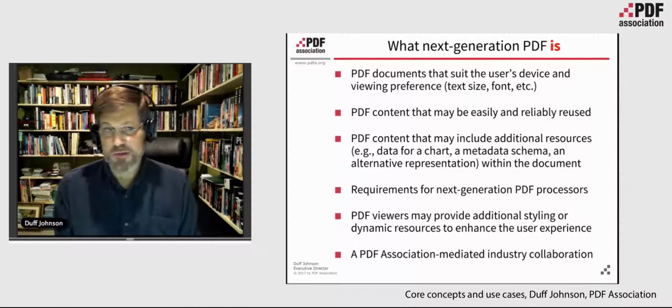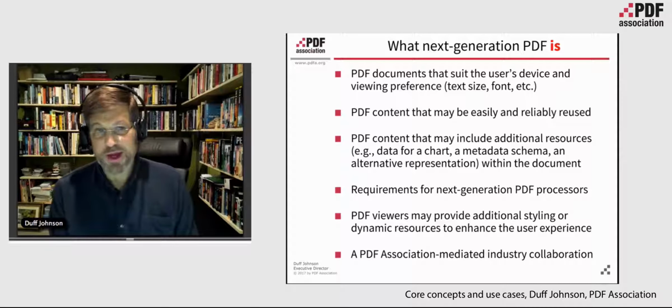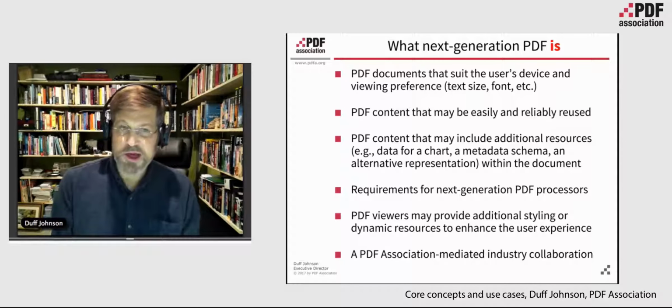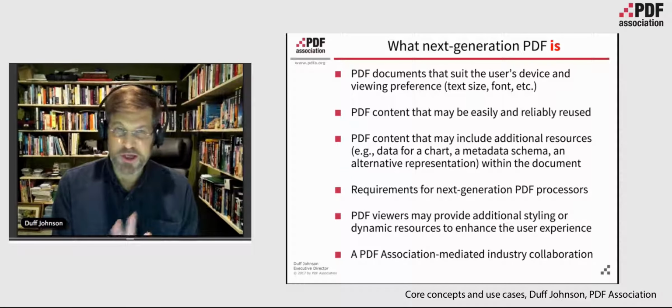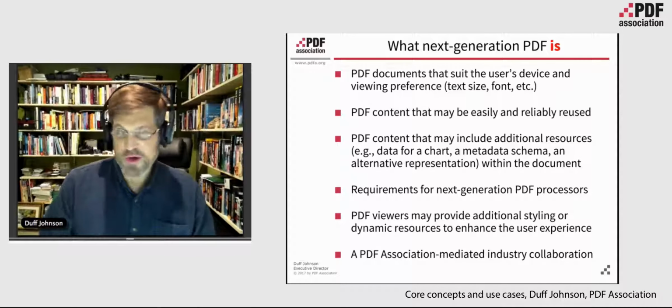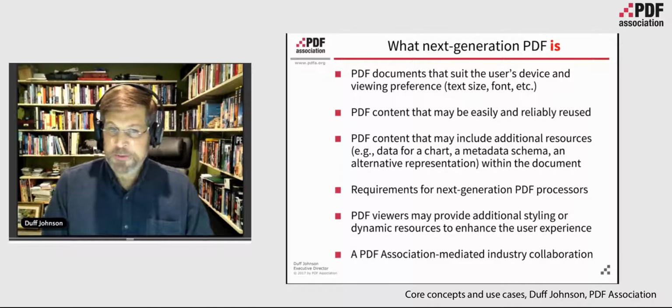They quite like a font, perhaps, which uses a different color contrast ratio with the background than is being presented in the PDF file itself. And all these sorts of things become possible when you give the viewer the ability to manipulate the view of the content. So we're going to get to how that happens in a moment.